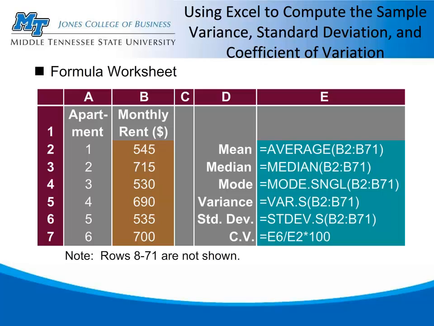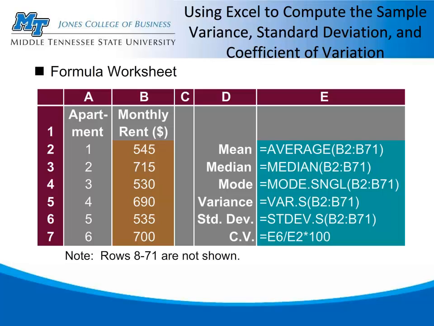Now the last item, the c.v., is the coefficient of variation. E6 contains the standard deviation. E2 contains the mean.